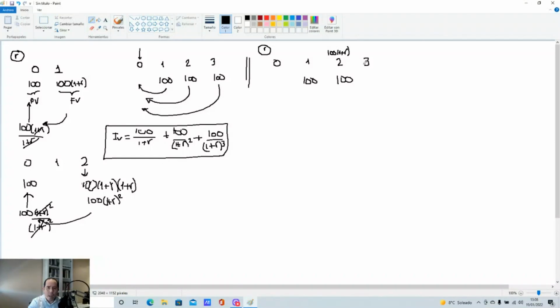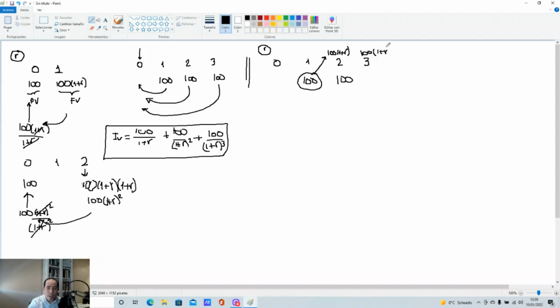Now you are here, and this is your first 100, which is getting a return. You are not reinvesting in this business, and then in the third year this money will have another return.